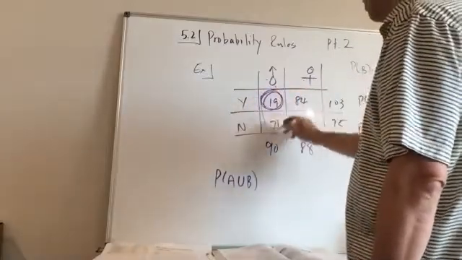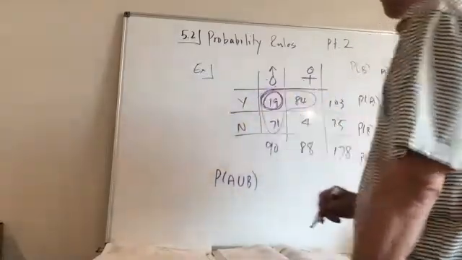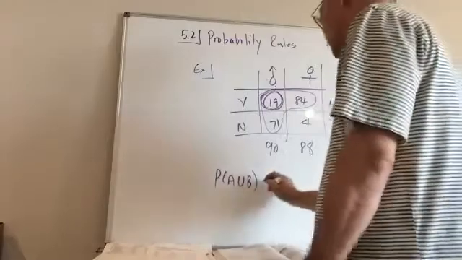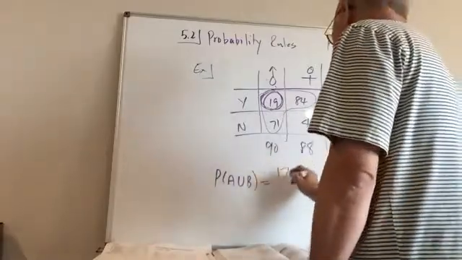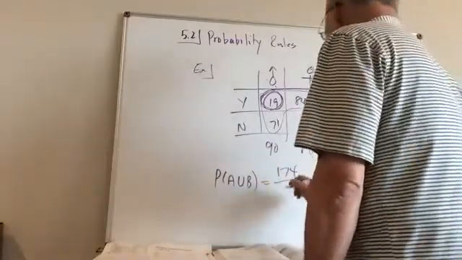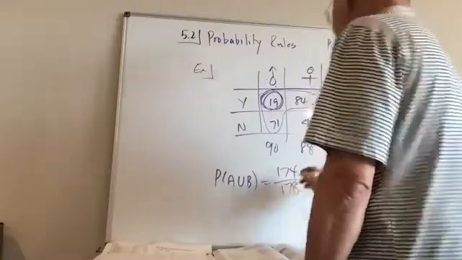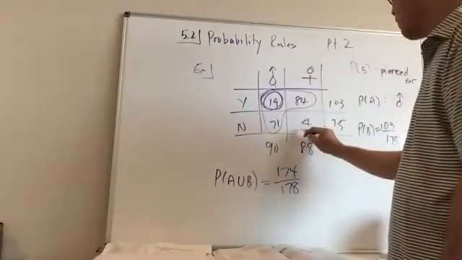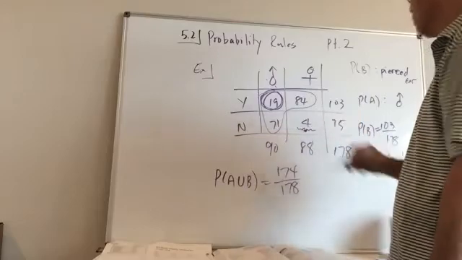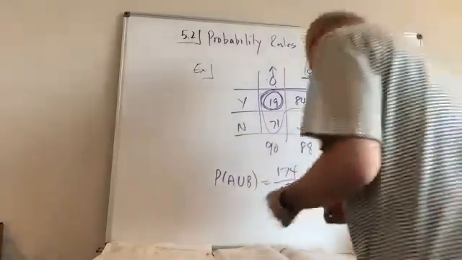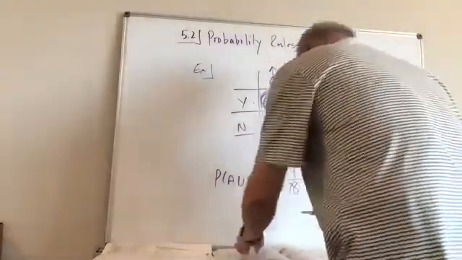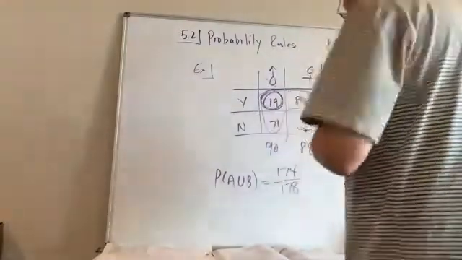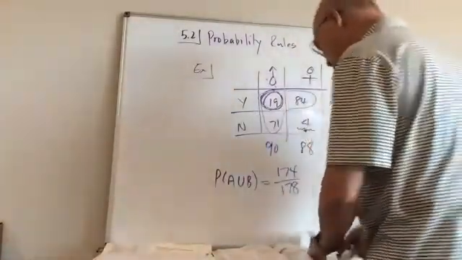So either one of these three, correct? So I can add those three together. That would be 174 over 178. Basically, it's all of them except for this guy, right? So that's that. Now that's pretty easy. Okay, so this stuff we already knew how to do.